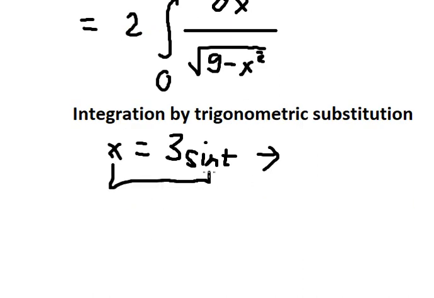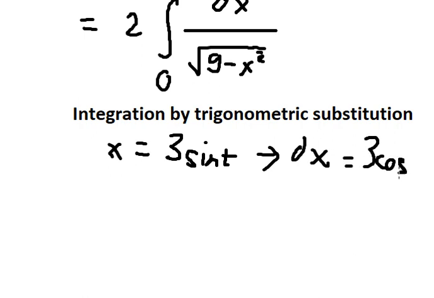So we first take the derivative of both sides, and we have 3 cosine t dt.